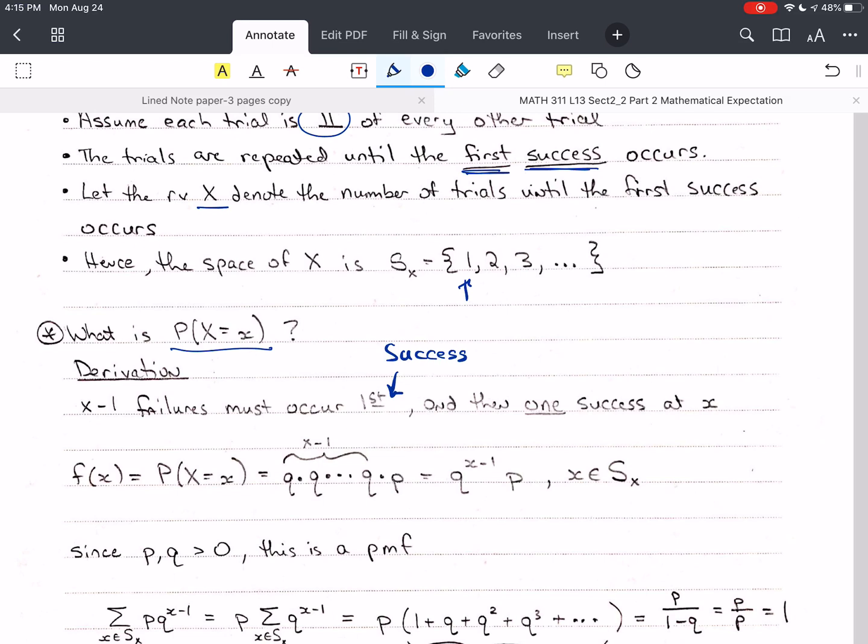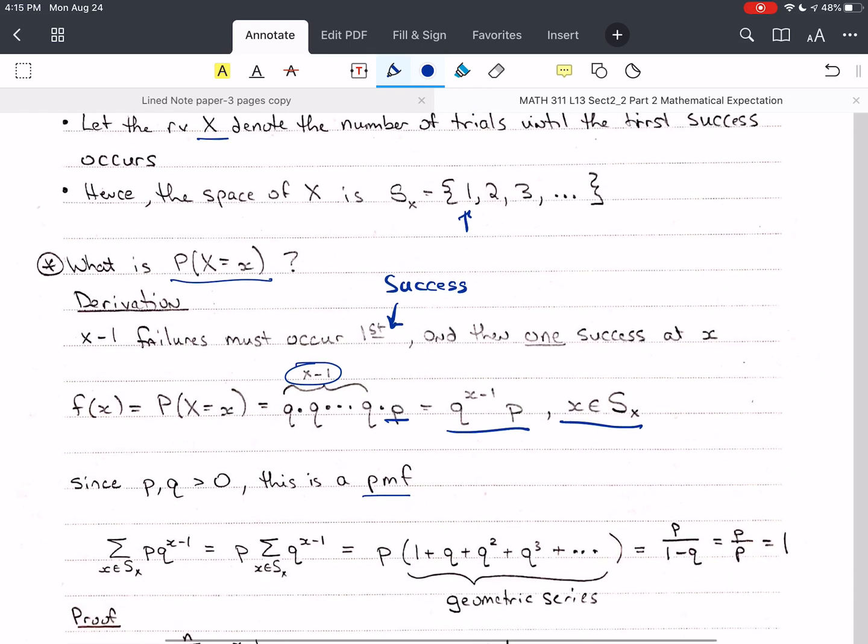So when we look at this probability, Q is the probability of failure. So Q, and there's going to be x minus 1 of those, and then 1 p. So we've got Q to the x minus 1 times p for all x in S, and x starts out at 1 and so forth. So P and Q are greater than 0, and because of this, this is a PMF.